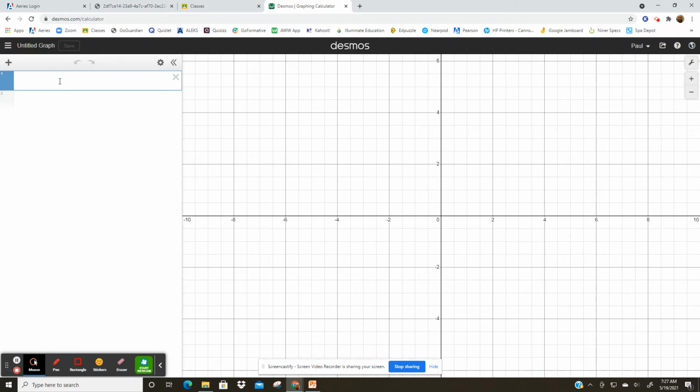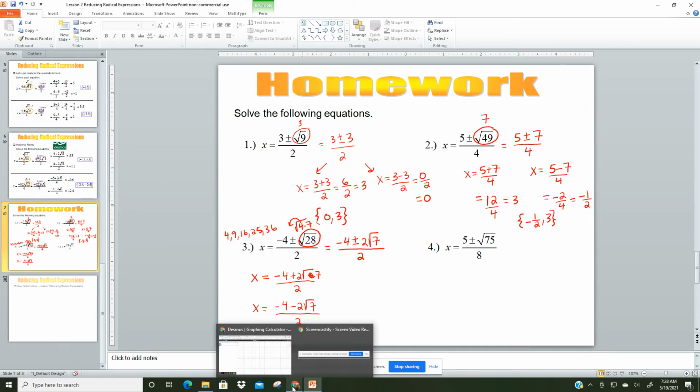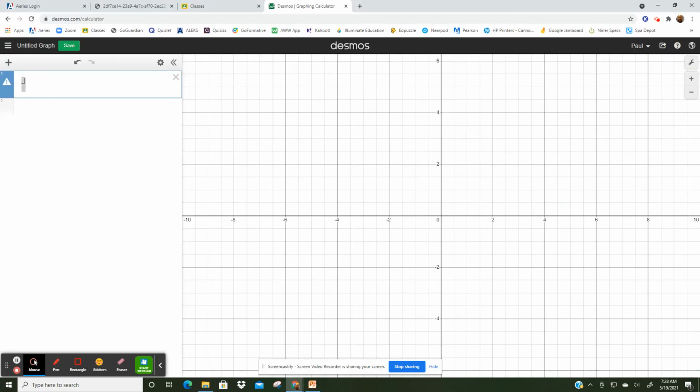Okay, now remember you want to hit the / bar, or you could bring up the calculator up here, or the keyboard down here. All right, so I'm going to go ahead and I'm going to hit the /, and then I'm going to go back and see what my expression was. So -4 plus 2 rad 7 over 2. So up here I'm going to put -4.